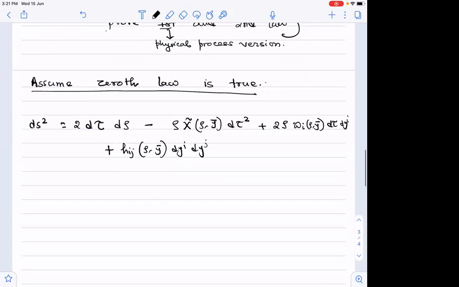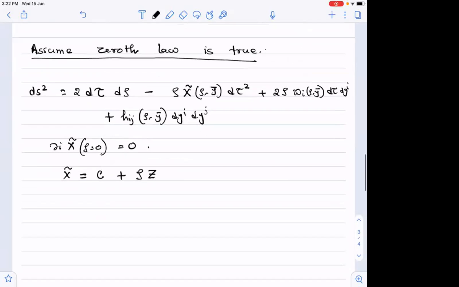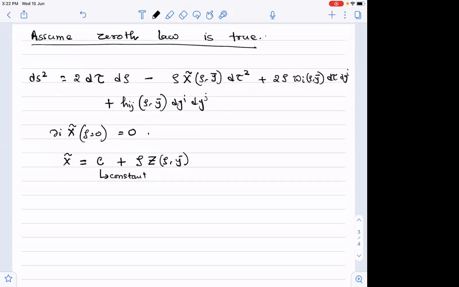We have assumed the zeroth law to be true, which means del I of X tilde at rho equal to 0 is equal to 0. So you can write X tilde as some constant C plus rho times Z. It is again a function of rho and y. At rho equal to 0, the value of X tilde I have taken to be C, which is constant, independent of tau, y and everything.